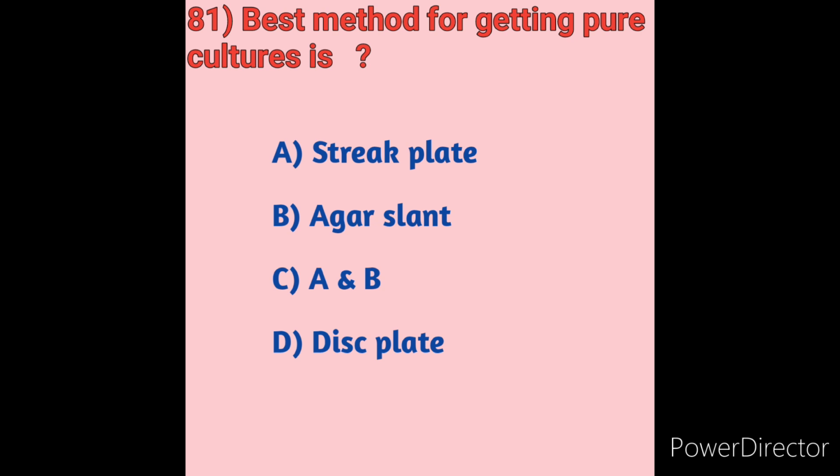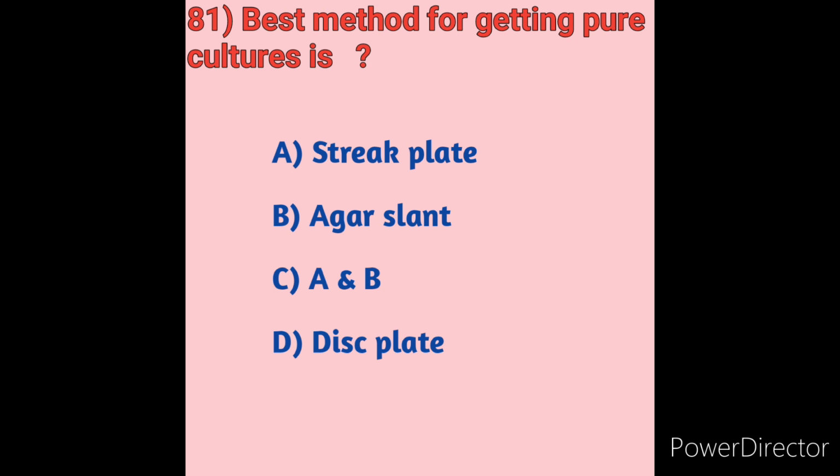Option D, disc plate. Obtaining a pure culture of bacteria is usually accomplished by spreading bacteria on the surface of a solid medium so that a single cell occupies an isolated portion of the agar surface.